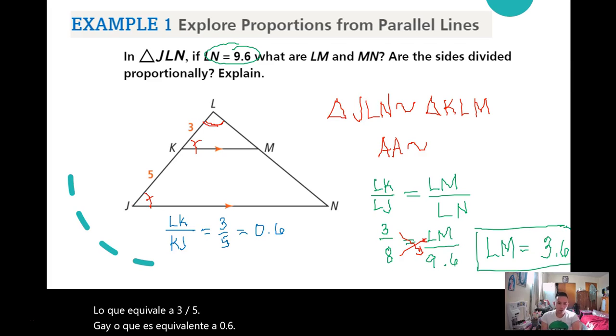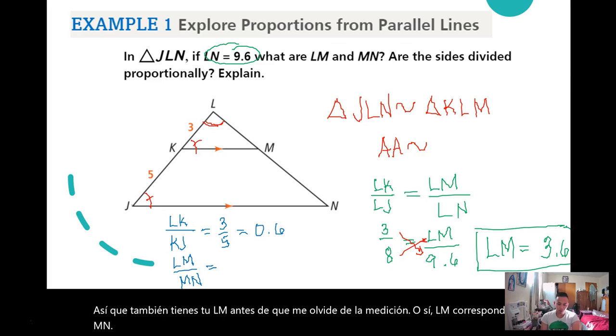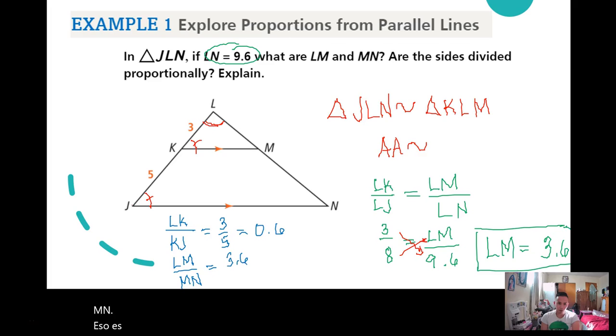You also have LM corresponding to MN, which is 3.6 over 6. That is also 0.6.